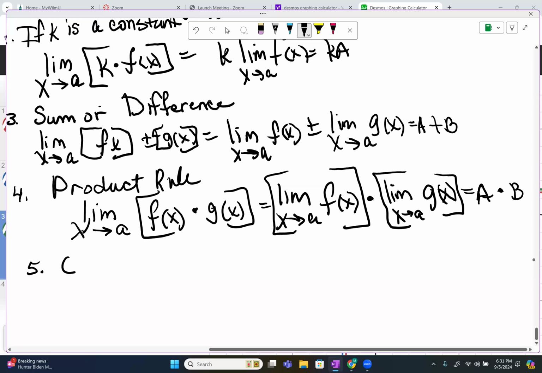Now, number 5, which is the quotient rule for limits.